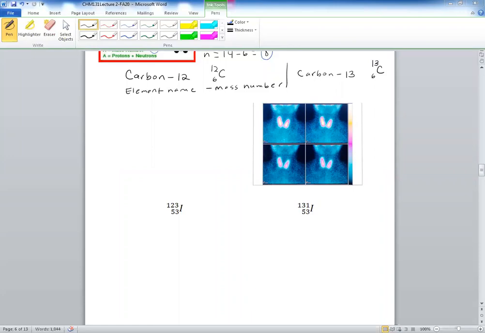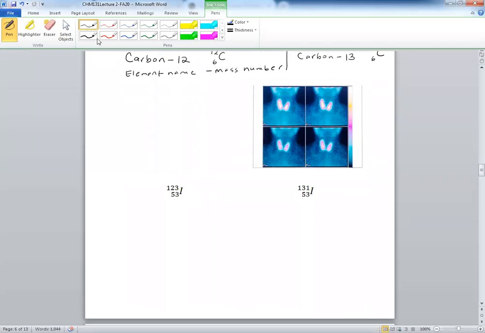So these radioactive iodine atoms build up in the thyroid tissue, and then they use what they call a gamma camera that actually detects these radioactive emissions. And what you see right there is this, the emission right here.